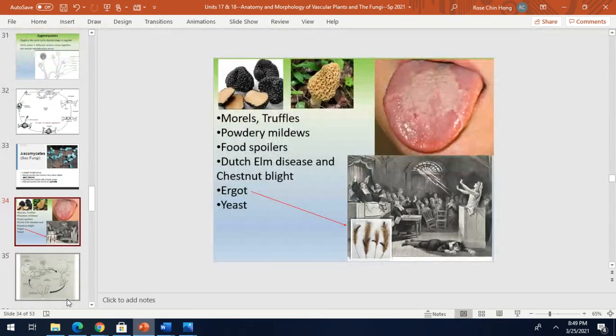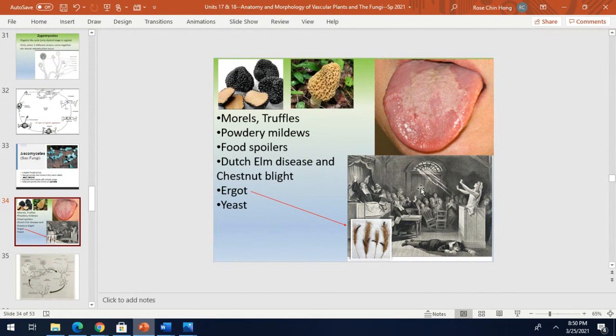Okay, so here let us see what ascomycetes can do. It can cause infection in the tongue. It can also cause, for example, ergot, when wheat is contaminated with this fungal contamination of ascomycete, and it could cause hallucination and all kinds of stuff.